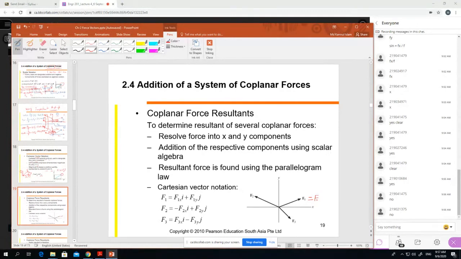F1 equal to F1x i plus F1y j. Can we write this? F3 equal to F3x i plus F3y j.